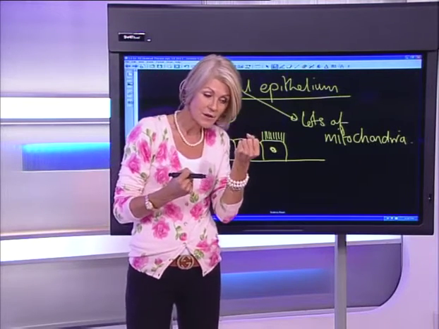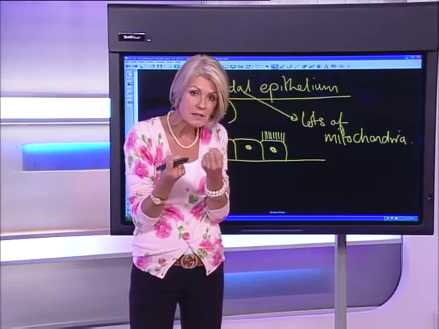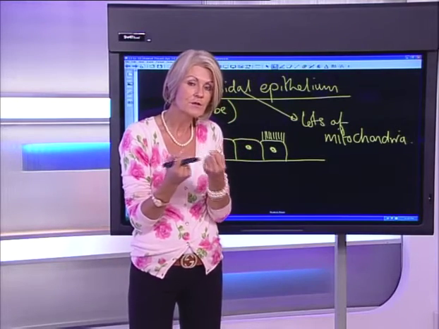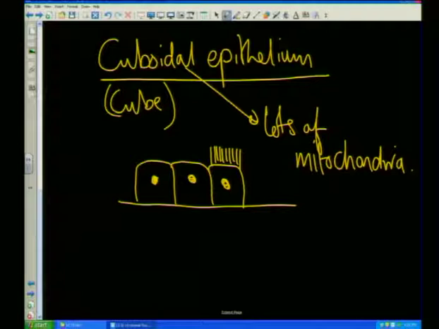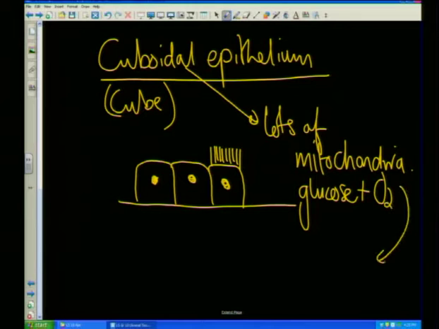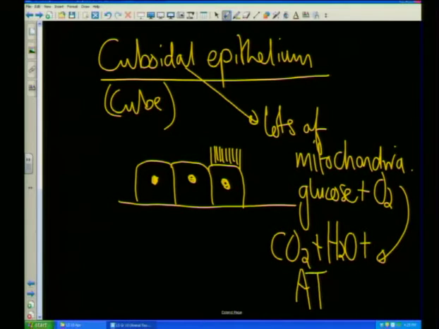It uses those two substances to produce carbon dioxide and water. Let's write it here: glucose plus oxygen in the mitochondria of the cell to produce carbon dioxide and water. And the whole reason we have cellular respiration is to produce ATP.